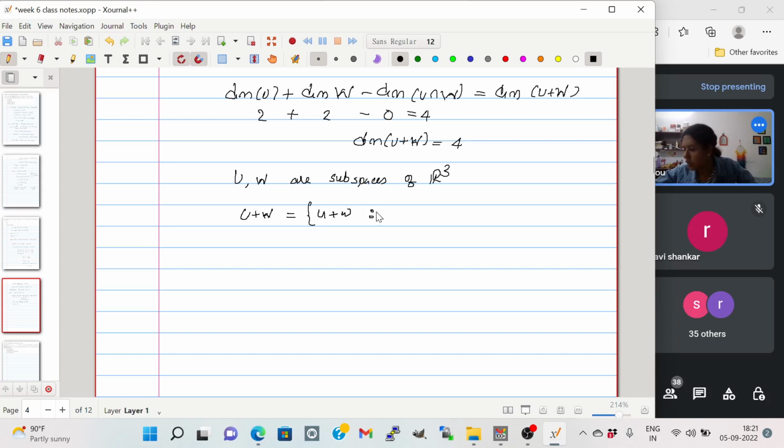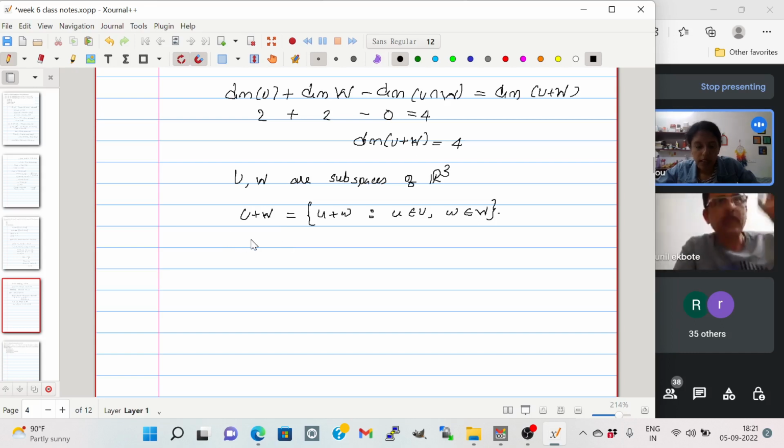I think this was already proved in the class, with u in U and w in W. It will be a subspace. Okay, you can check if you want. Like we have already one condition, right? If I am taking two elements in U plus W, I can write them as u1 plus w1 and u2 plus w2.